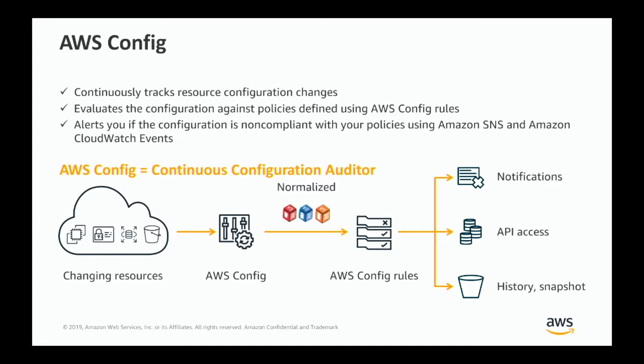And the other functionality, with Config rules, is that you can automatically respond to these state changes, either by notification or by executing certain Lambda actions, which essentially means everything you can do with Lambda. So some of our customers define, for example, in the production account, I never want to have port 80 open for particular groups of resources.